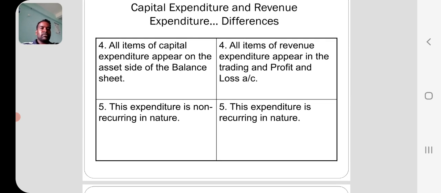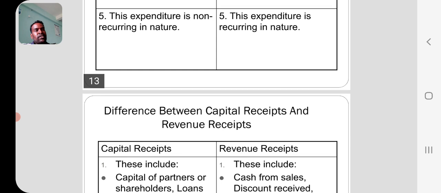All the items of capital expenditure appear on the asset side of the balance sheet, means capital expenditure items are shown in the balance sheet, whereas revenue expenditure appears in the profit and loss account. Capital expenditure is non-recurring in nature. Revenue expenditure is recurring in nature.